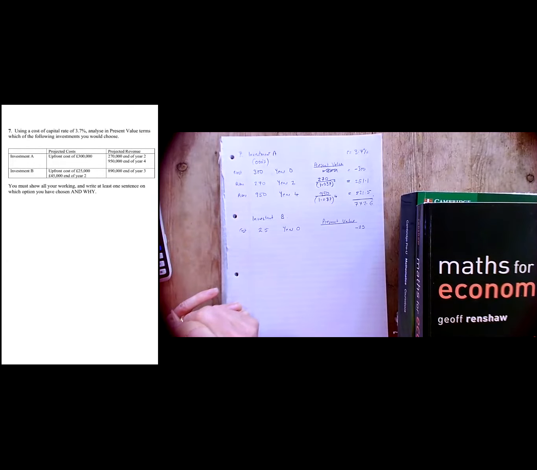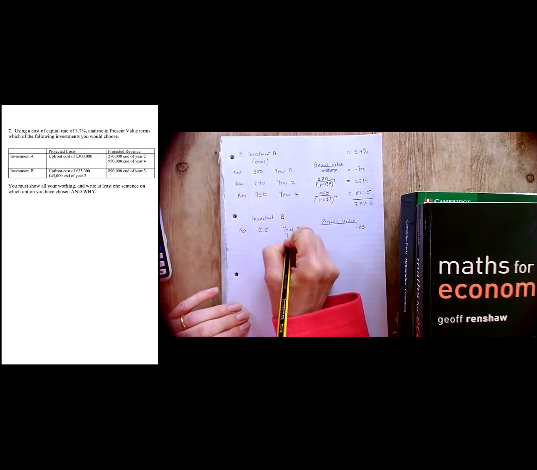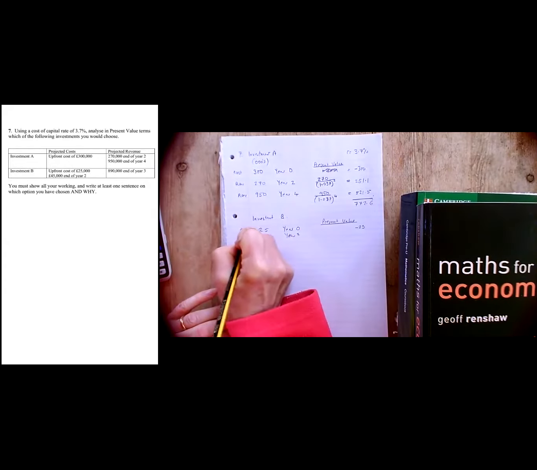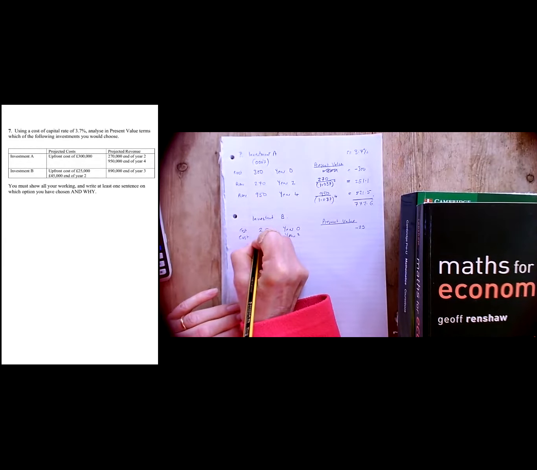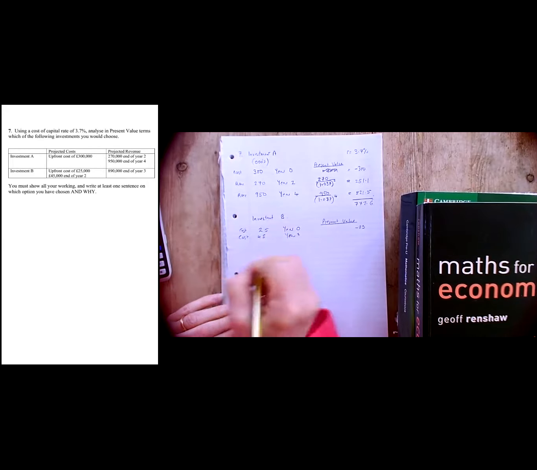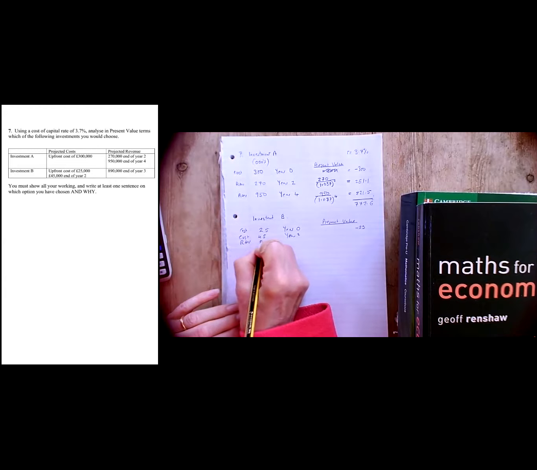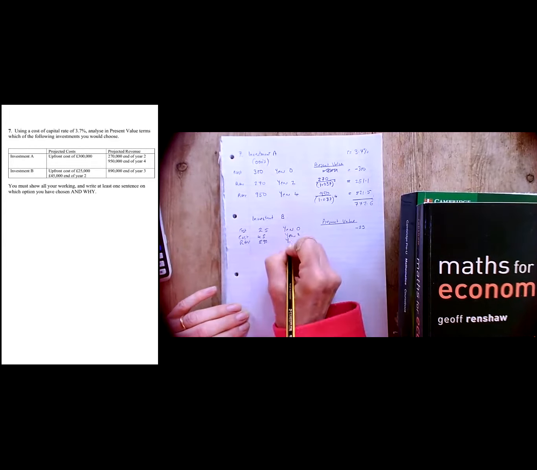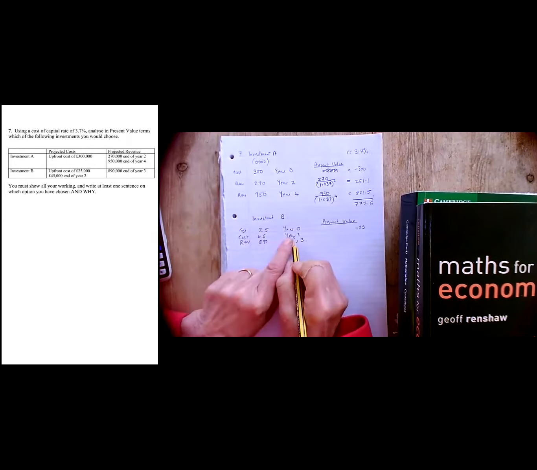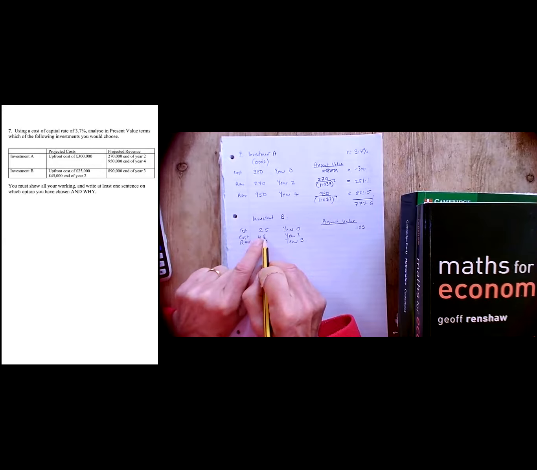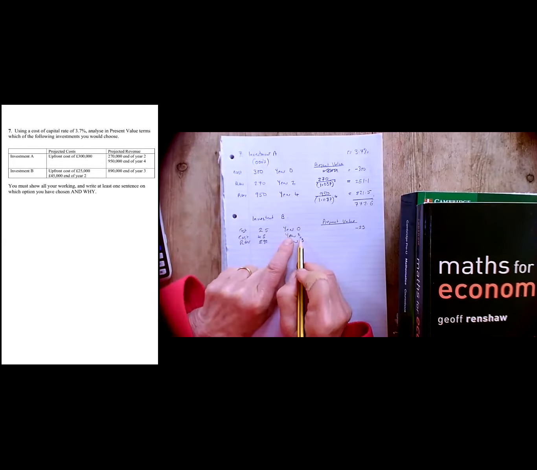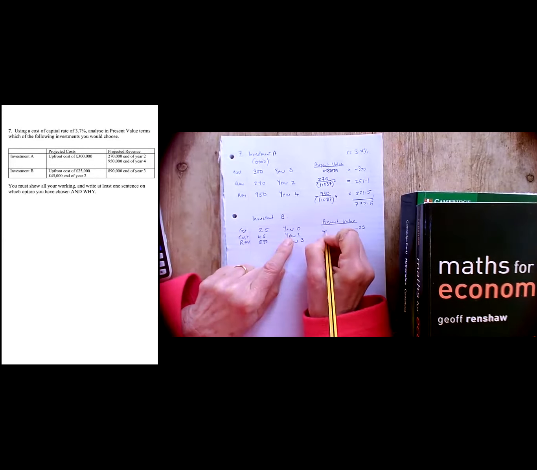And we also get costs in year 2 of 45,000, and we get revenue of 890,000 in year 3. So we've got this cost of 45,000 to account for in year 2, so we need to discount that as well.